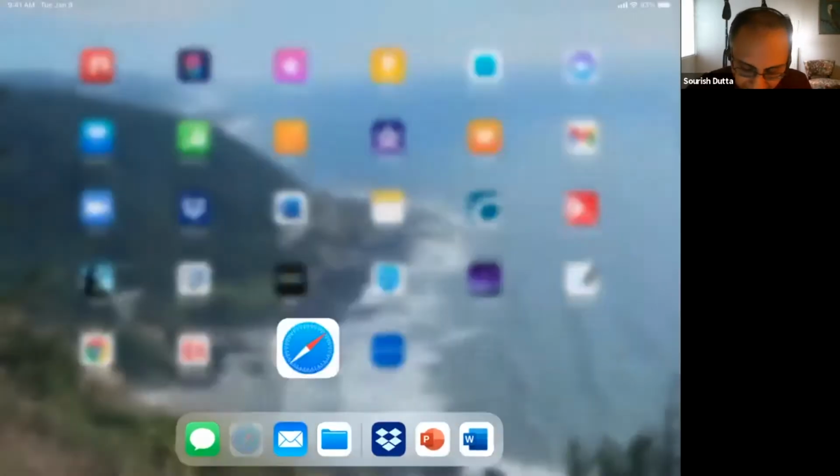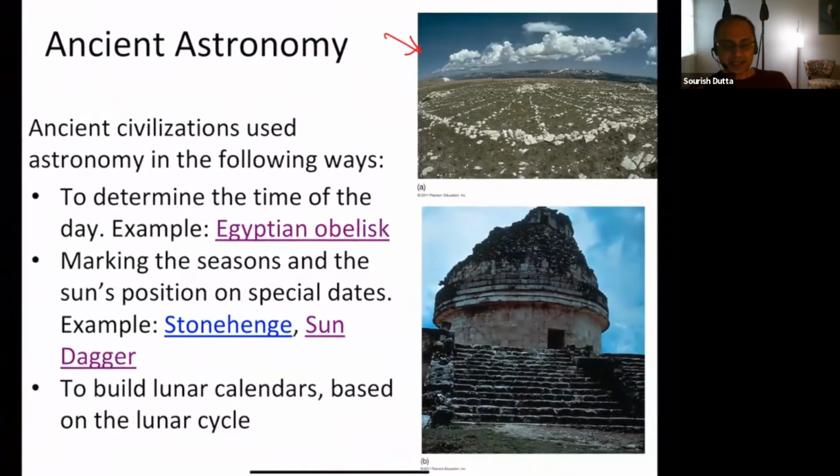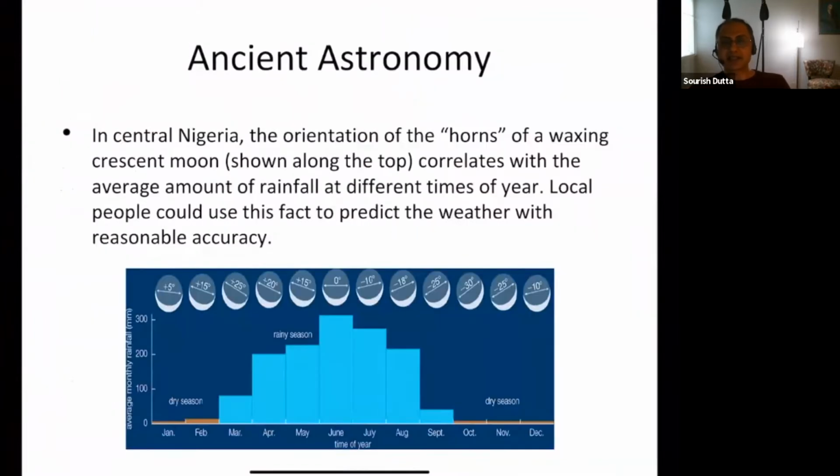We're all right. So ancient civilizations used astronomy in various ways. One more interesting example was that in central Nigeria, the people figured out, and it's not really known when or who figured this out, but it's been known for a very, very long time, that by looking at the orientation of the horns of the crescent moon, you can predict rainfall.